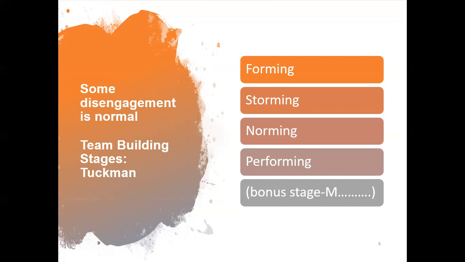Okay, next one, norming, is where again they are still understanding what will be acceptable as normal. Okay, and then last of all, we've got performing. Okay, and performing is the space where people are coming together and operating at their very, very best.